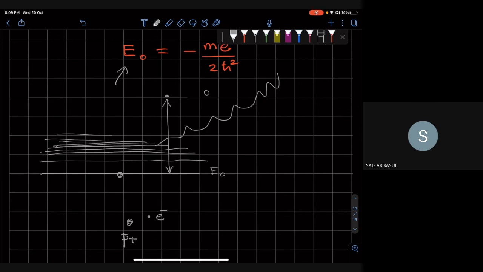Would it still be a free system? Yeah, I think so. The energies of the proton and the electron would be continuous. It's only so in quantum mechanics.